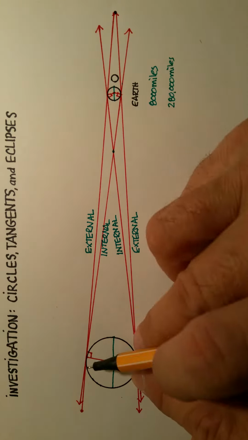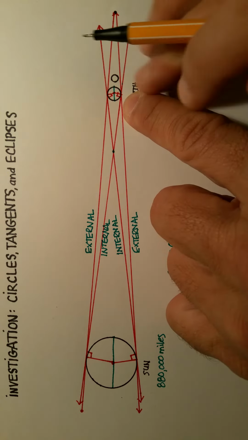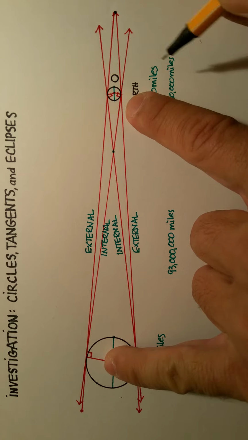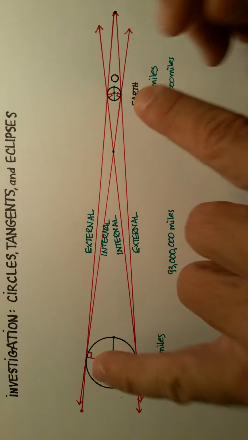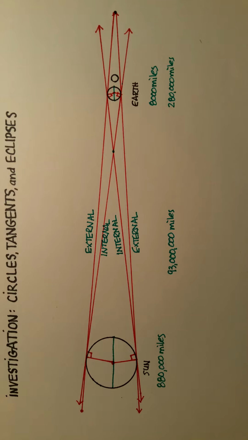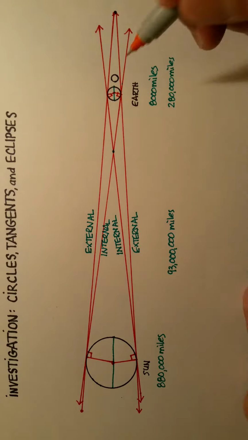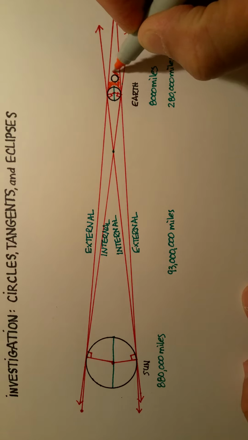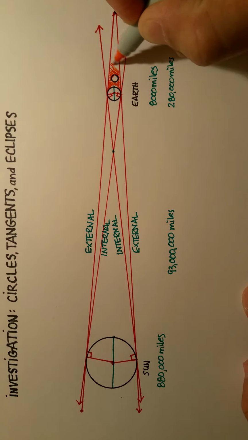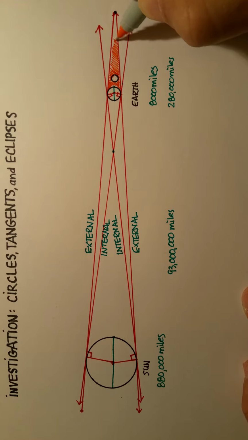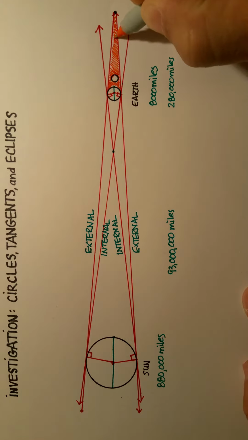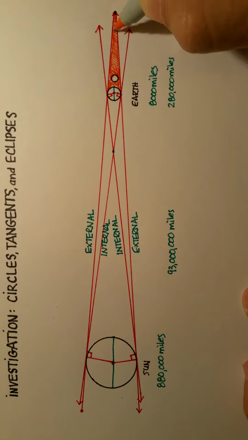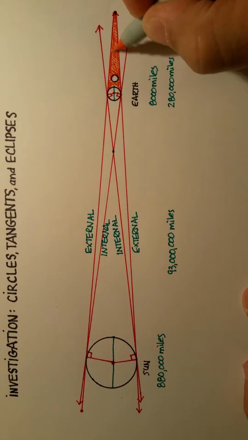Again, you'll notice that these tangent lines represent the sunlight from the sun that's covering the Earth, and this area right in here represents the shadow. Let me draw this up. This area in here represents the shadow that's cast by the Earth, and it actually forms somewhat of a triangular shape, doesn't it?